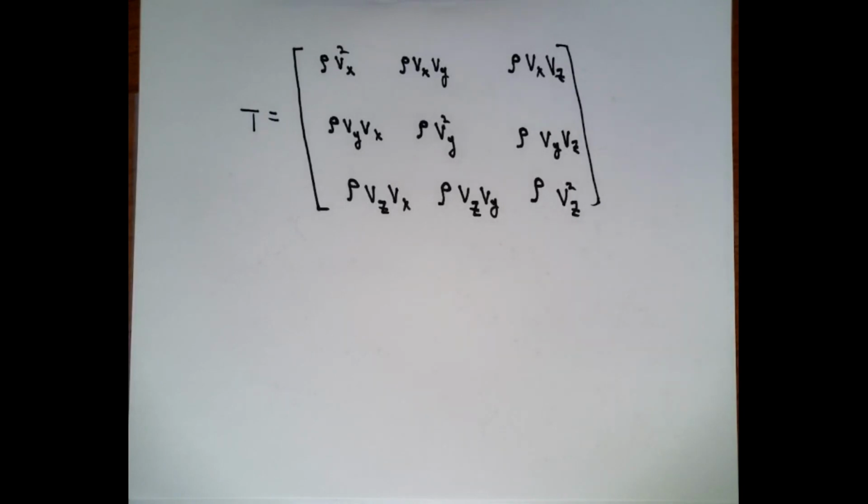In fact, if I write this in matrix form, I'll notice that there's a factor of the mass density in each one of the elements of the matrix, so I could factor that out front. Also, if you know linear algebra, you'll recognize that the matrix that remains has a very special structure to it.